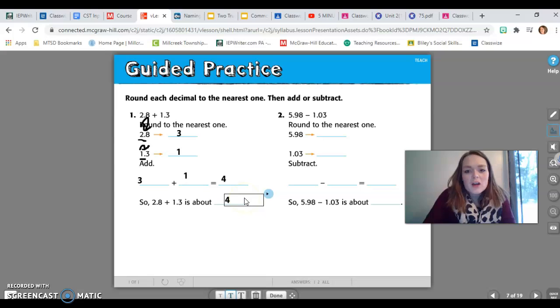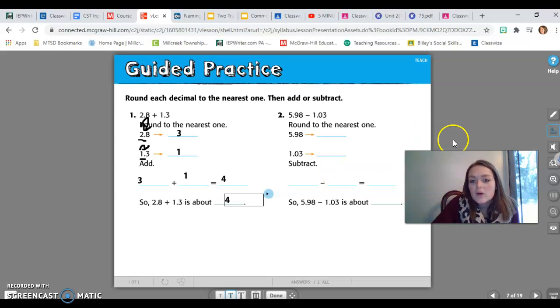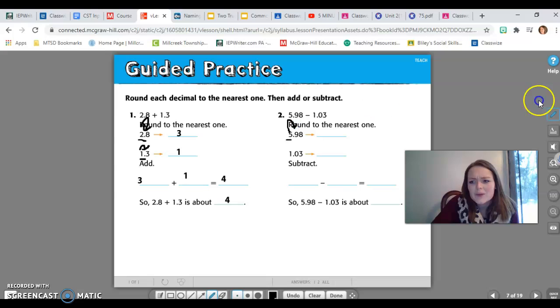Now let's try some subtraction. For number 2, we have 5.98 minus 1.3. We're going to round to the nearest 1 again. Think in your mind: is 5.98 closer to 5 or 6? 6. Is 1.3 closer to 1 or is it closer to 2?